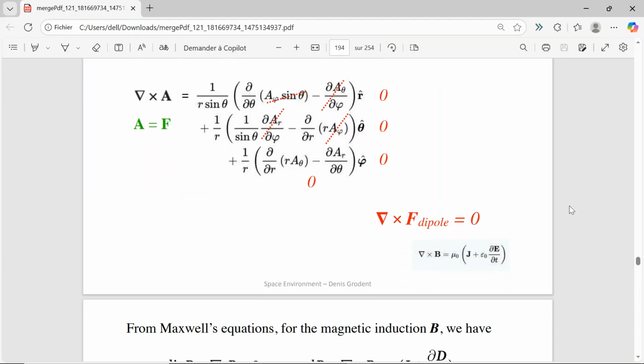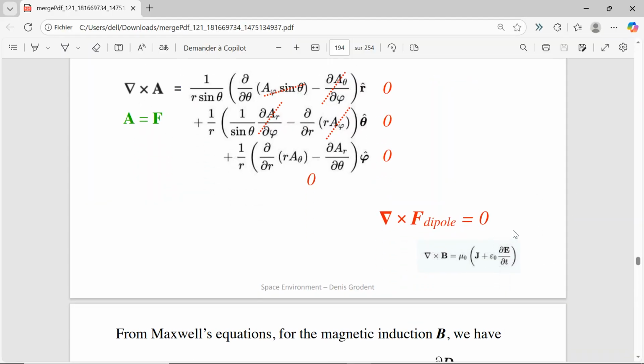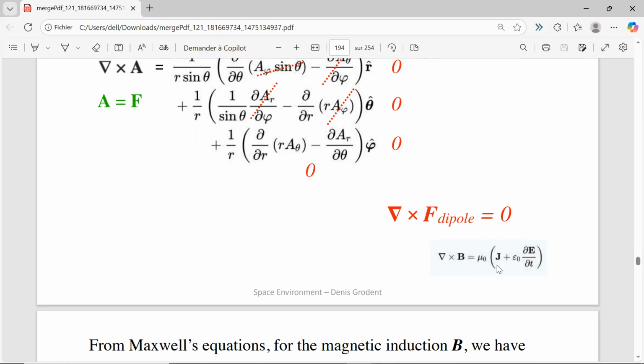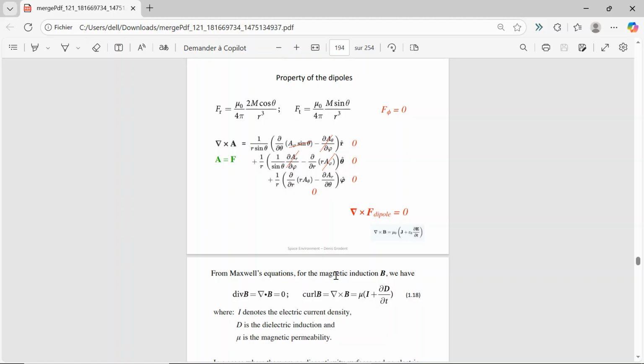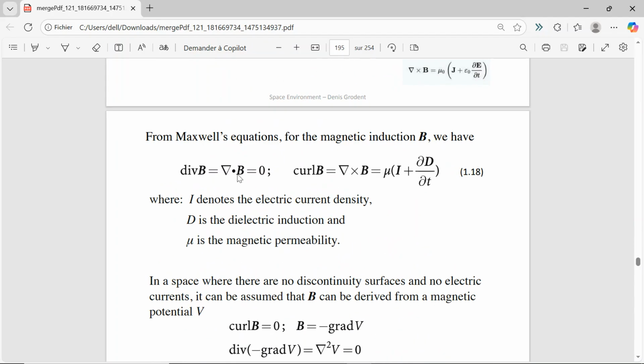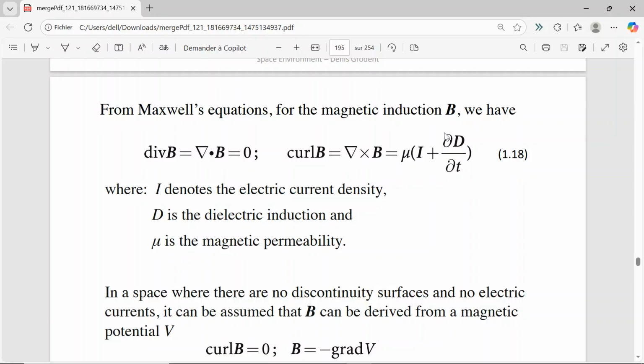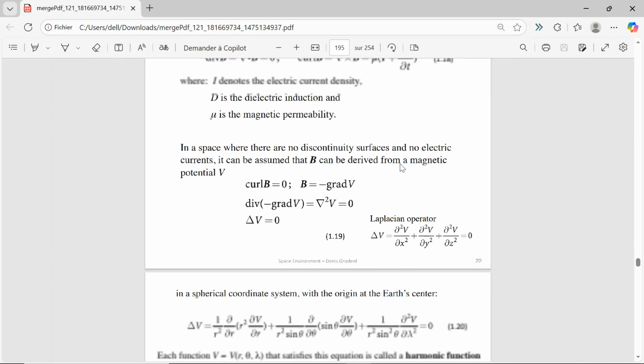We will see that we have plenty of currents: the ring current, the chromosphere current, the magnetopause current, etc. A lot of currents are induced. The divergence of the magnetic field is equal to zero, and the curl of B is equal to the current generated if we are not in the case of a dipole. This right-hand side is different from zero.